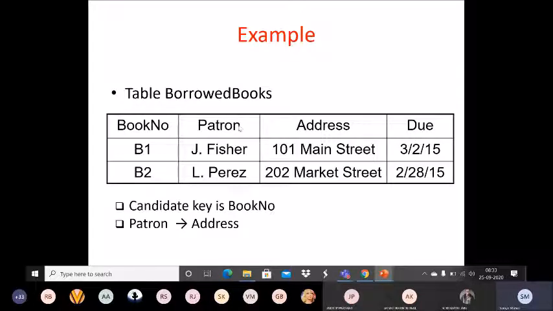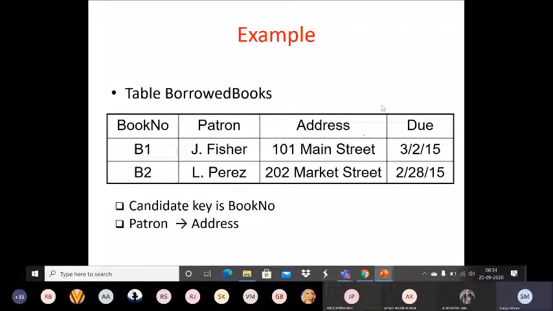Why? Because one patron can take different books on different dates, and due date will depend on this. So if I borrowed a book today and if I borrow a book tomorrow, my due date will be different. So due date depends on the date of borrowing books, which is not written here.